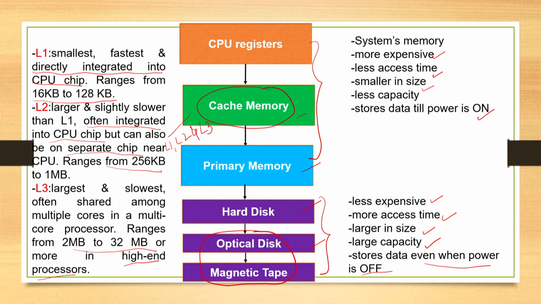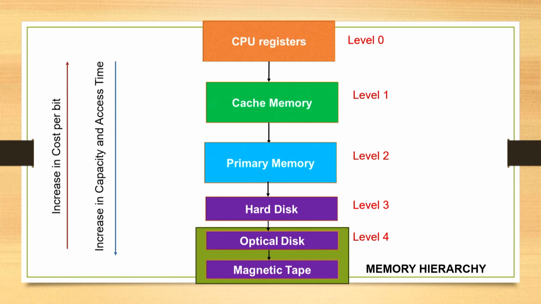So this was about the different types of memories that have been arranged according to their speed and cost. This diagram shows the memory hierarchy.